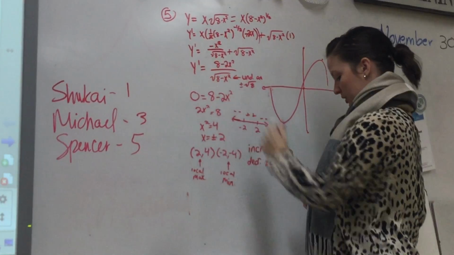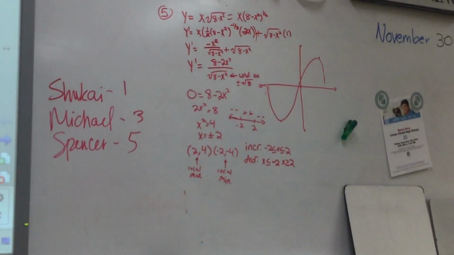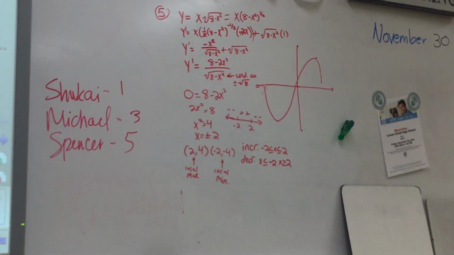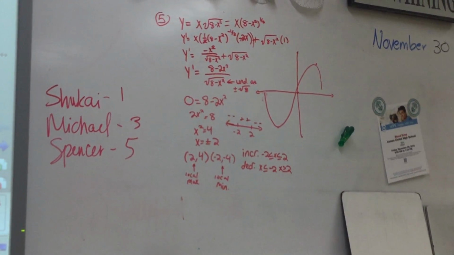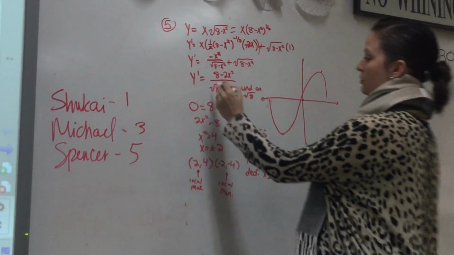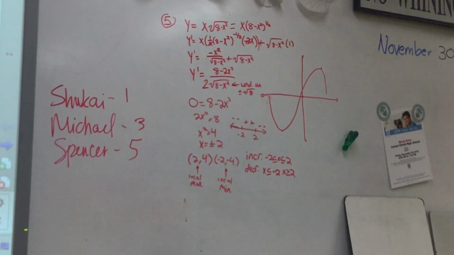So did our adjustment of the 2 here change the point at which it was undefined, Spencer? No. Why not? Oh well, I just copied my work wrong on the 2 part. But tell us, if someone did this wrong, would that change the point at which it was undefined? No, you just need the numerator.